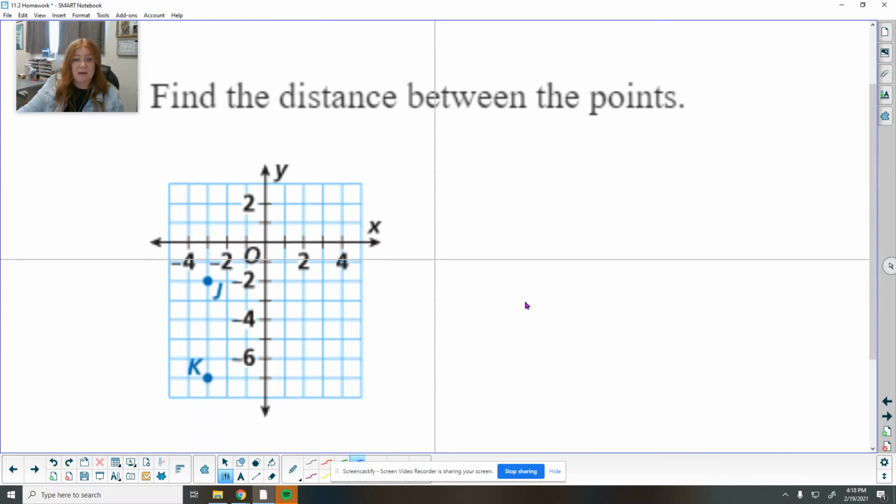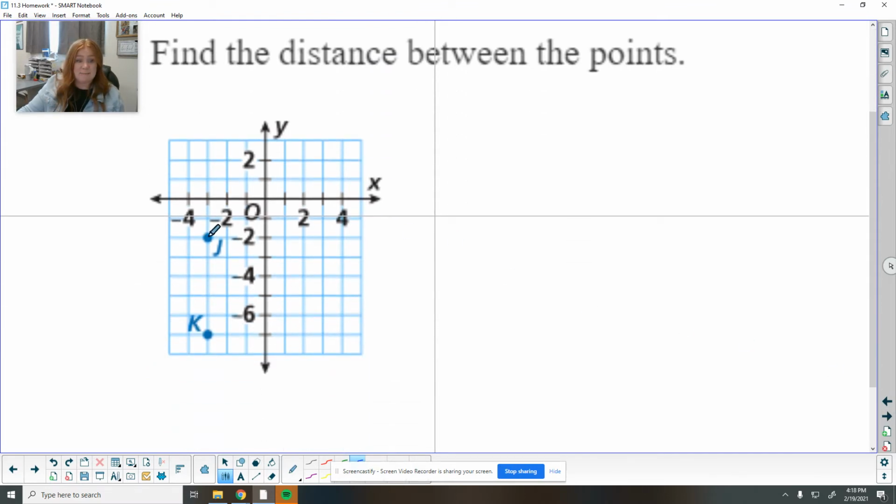Same thing here. We want to find the distance. This time we're in that same quadrant, so we could just count, but remember our scales don't always go by 1, so it's a better idea to find our absolute values too.